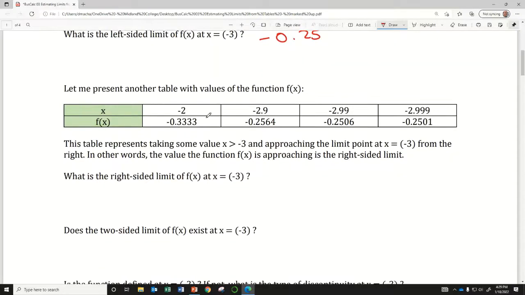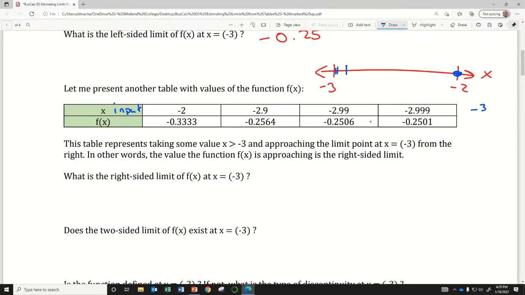Here's another table with values of the same function, but this time we're starting at x equals -2, so let me draw another number line just to make this clear. Here are my values of x. If I start at -2 and here's -3, what we're doing in this first row with the inputs is starting at -2, and then going to -2.9, which is like here, -2.99 and -2.999, getting closer and closer to eventually -3.